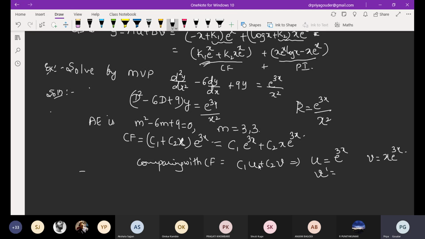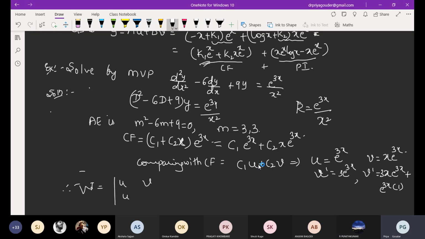Derivative of e raised to 3x is 3 e raised to 3x. Now find v dash. x will keep, derivative of e raised to 3x. e raised to 3x will keep. What is the derivative of x? 1.